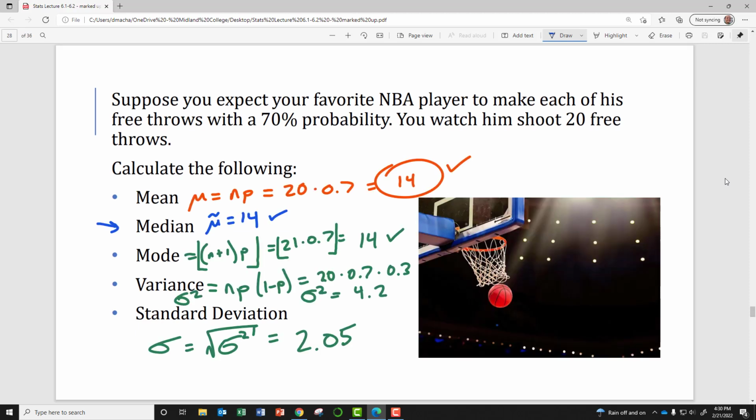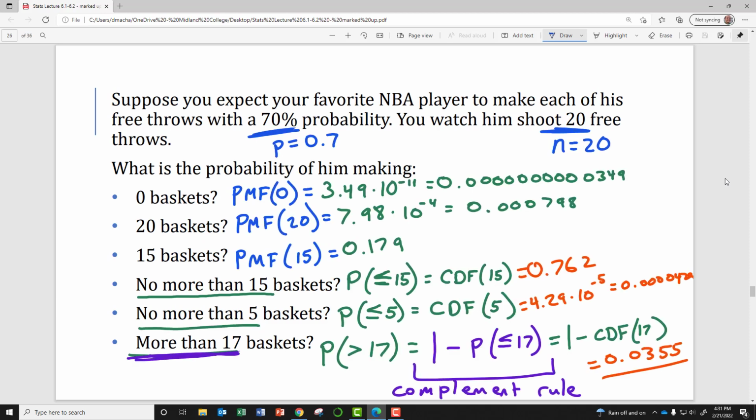In the previous example, we were talking about watching an NBA player shoot 20 free throws. We talked about how each free throw represents a Bernoulli trial, because each trial will either be a success or a failure, and how each Bernoulli trial has a 70% probability of success, and how we can use that to come up with things like the mean of this discrete random variable, the median, the mode, the variance, the standard deviation, all these things that we normally talk about for data sets or for random processes.